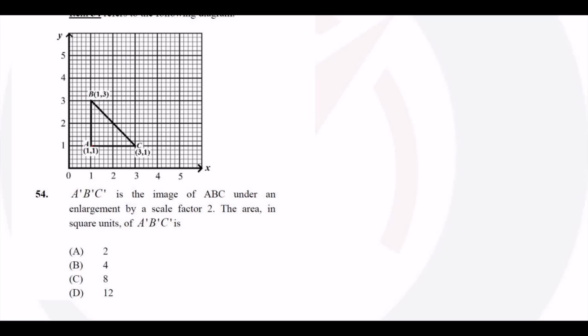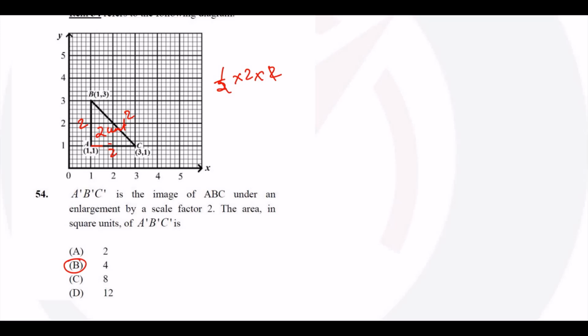The base here would be 2, and the height here is 2. So half base times height gives us 2. So the area of this is 2 units squared. So if the scale factor is 2, then 2 times 2 will give us 4.